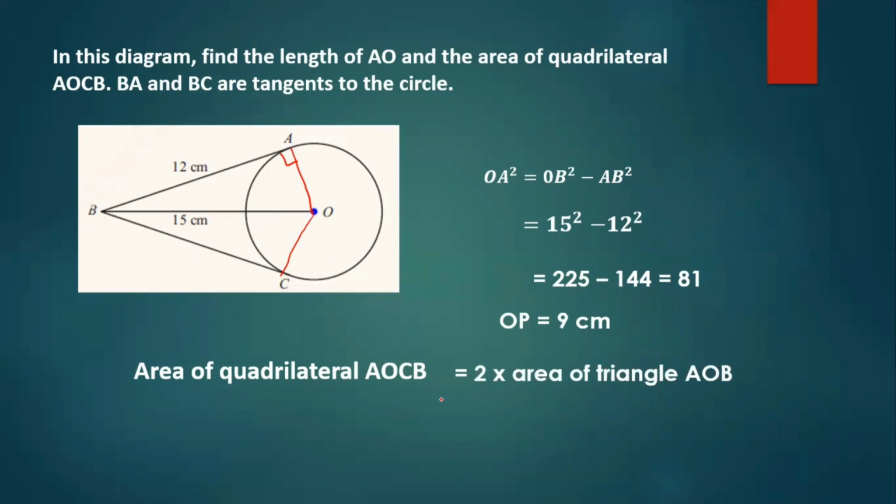In a right triangle, the area is half base into height, and these two are perpendicular. If I take this base as 12, my height is 9 centimeters, which we have calculated. So 12 into 9, and the 2 and 2 get cancelled, and 12 into 9 is 108 centimeter square, the area of this quadrilateral AOCB. Understood, children?